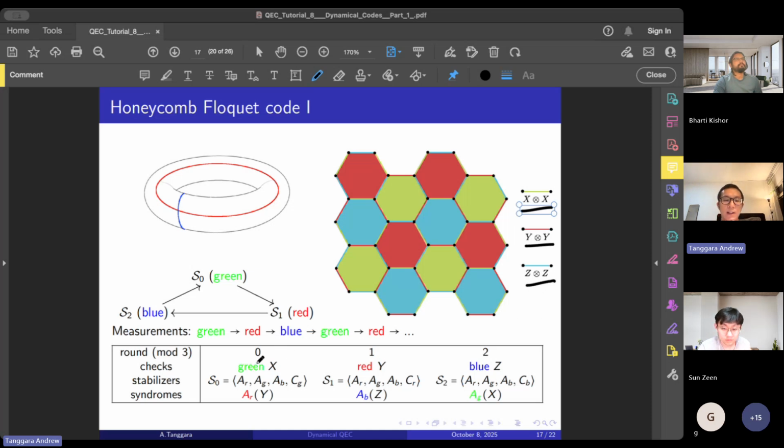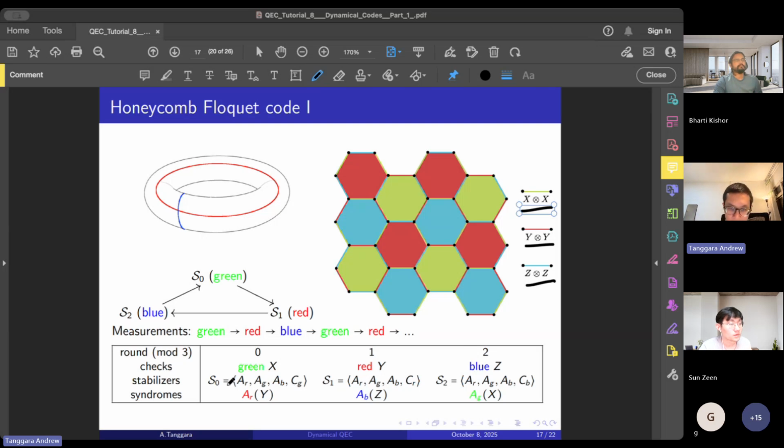What's going to happen is that I'm going to have these three stabilizer groups, this S0, and after I measure red, I'm gonna go to S1. After I measure the blue checks, I'm gonna go to S2, and I'm going back to S0 after measuring the green checks.